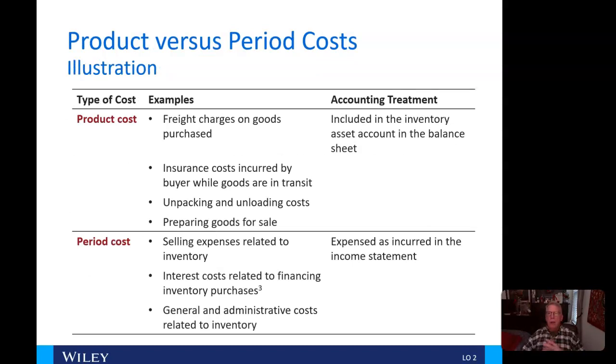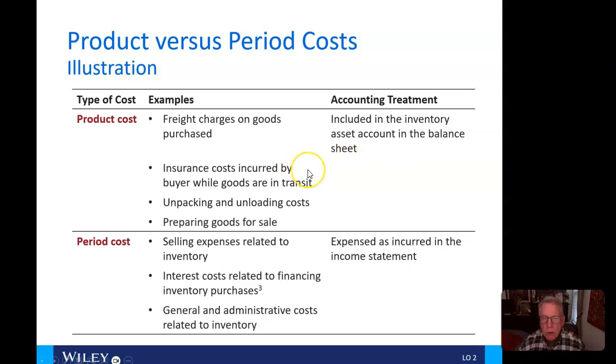All right, so let's look at that in a little more depth here. Here are our product costs. Freight charges on the goods that we purchased, when we're responsible for inbound transportation, we're going to include in inventory.